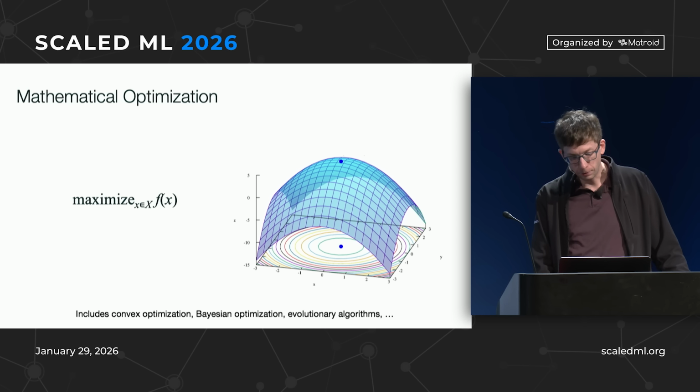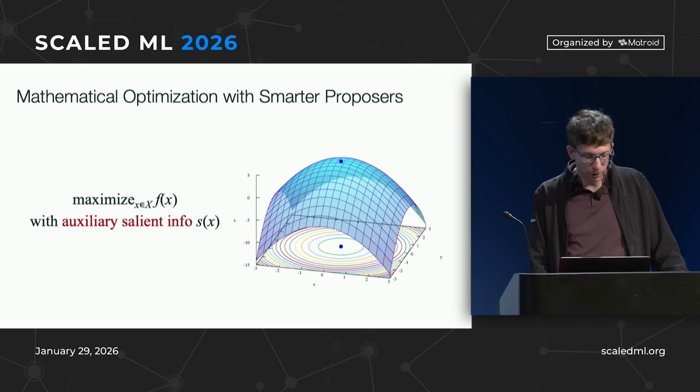So in all these cases, what we've been doing is you maximize this function, and indeed you can look at x and f of x when you make a decision, but you can also look at what I call auxiliary salient information, anything else that reflects what my current x is doing.